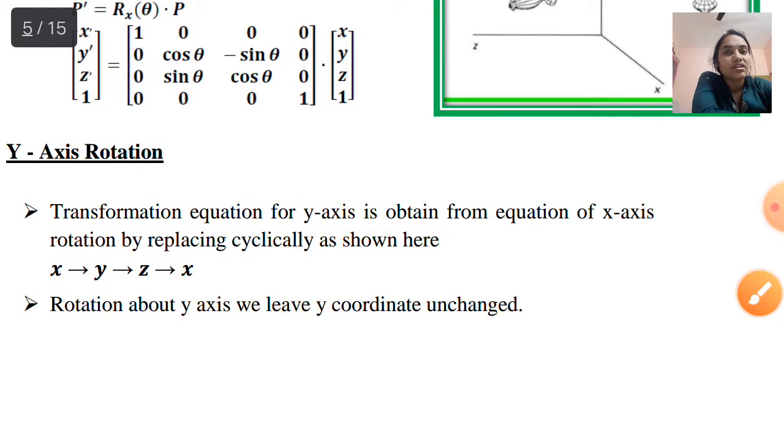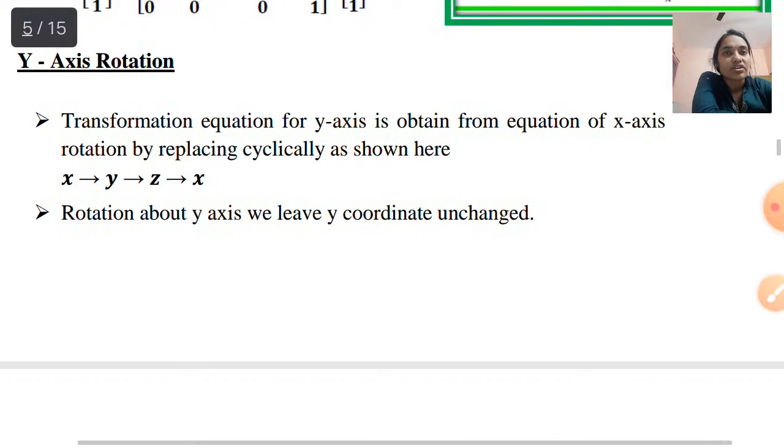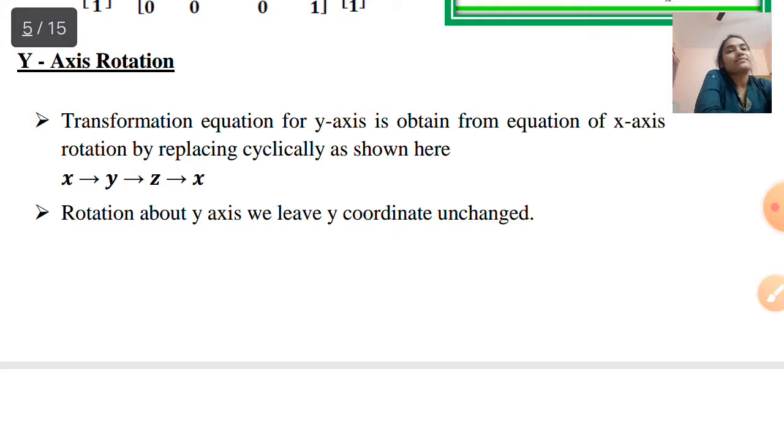Now we discuss y-axis rotation. Okay, the transformation equation for y-axis is obtained from the equation of x-axis rotation by replacing cyclically as shown here. x coordinate to y coordinate, then y coordinate to z coordinate, then z to x, in the same manner as shown in the x-axis rotation.